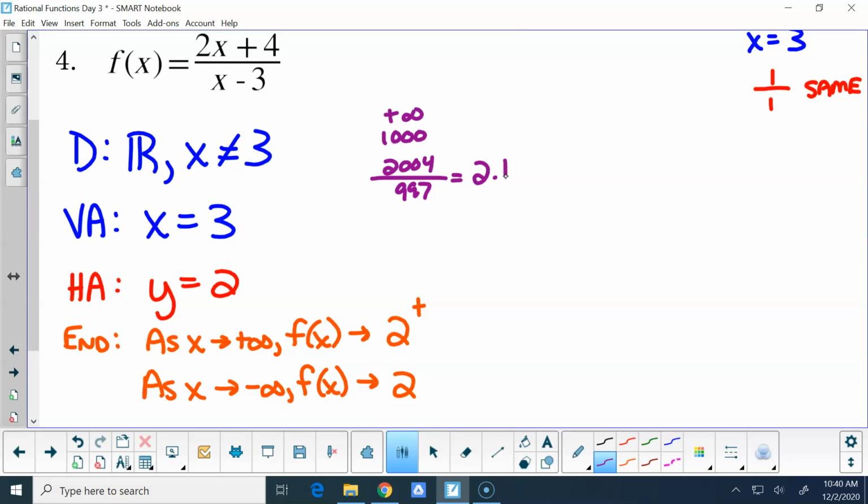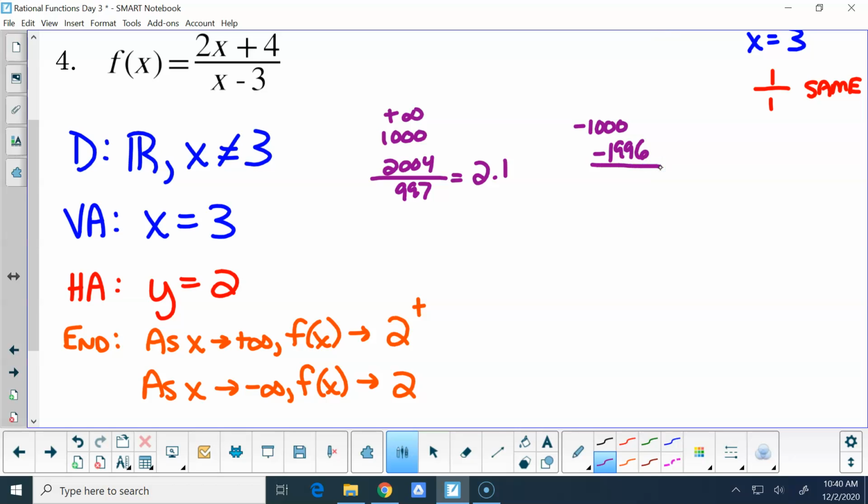At negative infinity, it's going to be the same thing. I can't necessarily use negative infinity because they're not going to 0, so it can't just go positives and negatives. So let's go with negative 1,000. If I put negative 1,000 in there, I've got negative 2,000 plus 4 is negative 1,996.